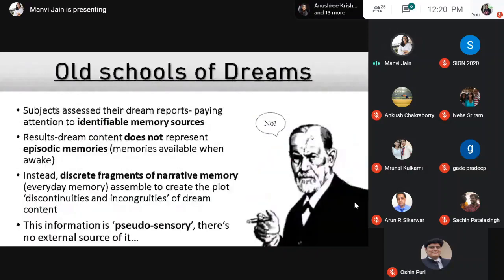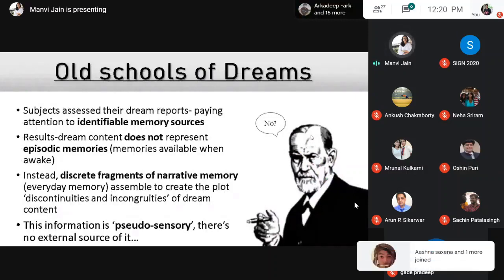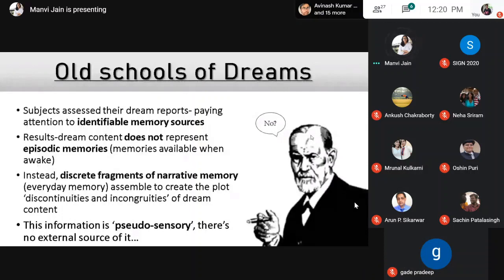So, to fortunately prove him wrong, some subjects assessed their dream reports, paying attention to identifiable memory sources, and the results show that dream content does not represent episodic memories at all. Episodic memories are the memories that are available when we are awake, as in these episodic memories are related to some episodes of life.